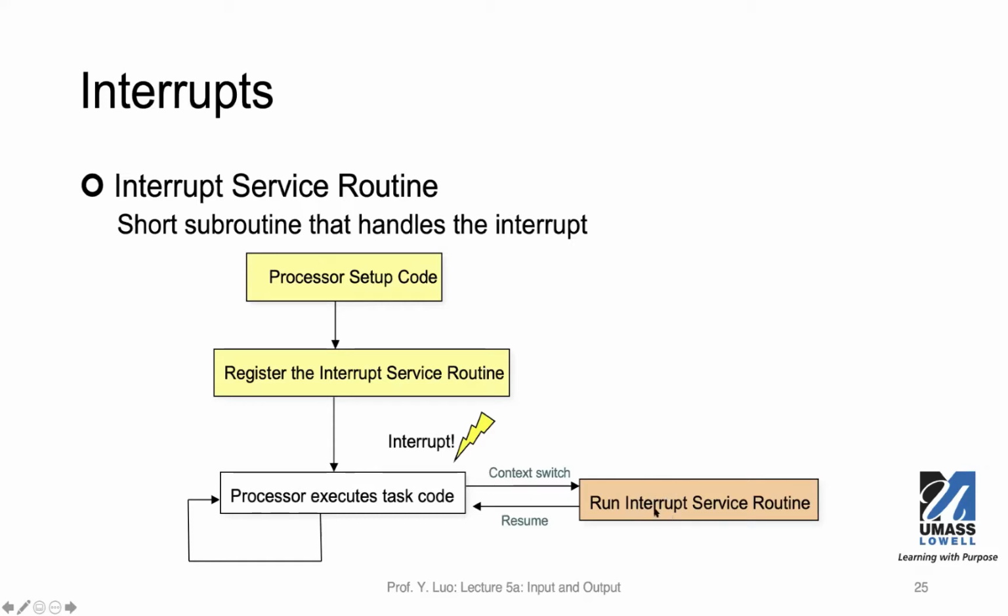Once the ISR is completed, it will return to the main program. So it will resume the main application, and the processor will continue from whatever instruction it left off at before the context switch.